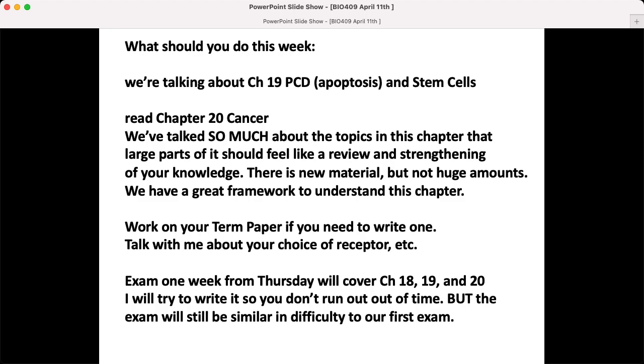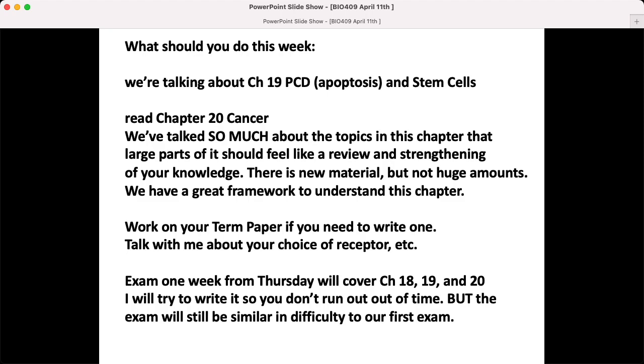So I want to talk a little bit about chapter 20. Chapter 20 is about cancer. It's really divided into two parts. The first part describes oncogenes and retroviruses and retroviral oncogenes and signaling pathways. It introduces a couple of new proteins like JUN and FOS, but it goes back to things like RAS and ERB and so forth.